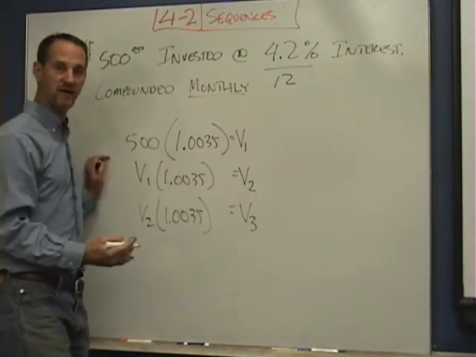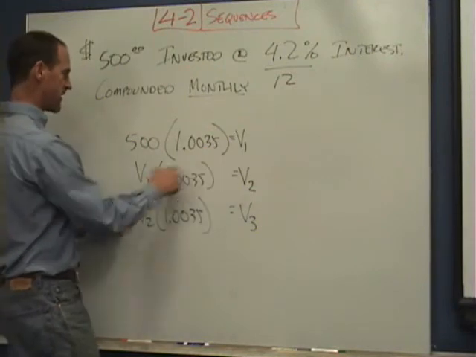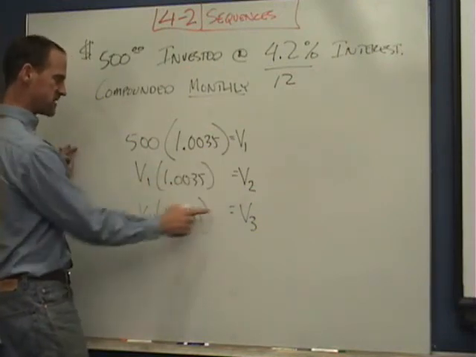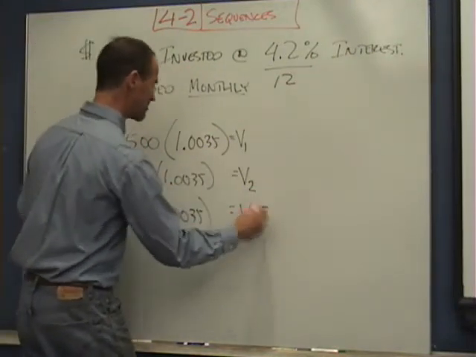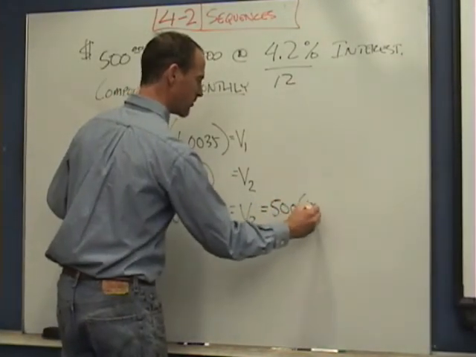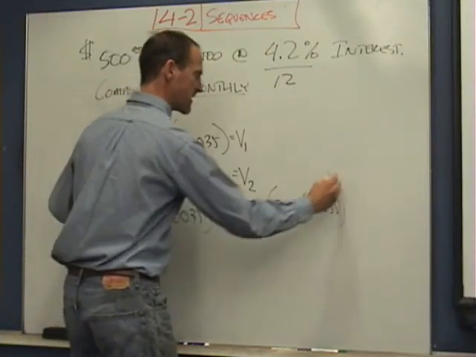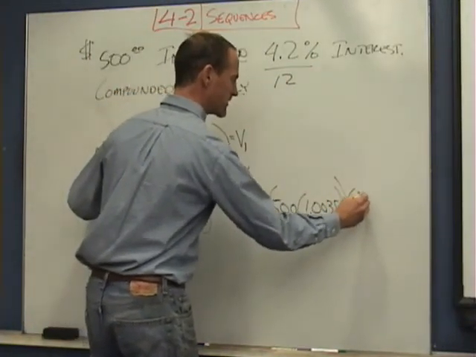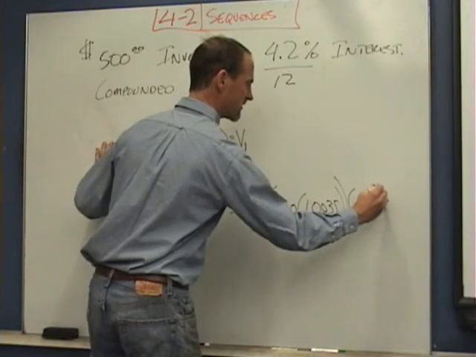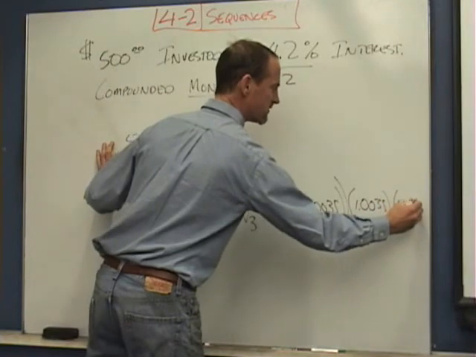Well, the pattern is just that we're multiplying each time by this decimal. If I sub back in, remember how we get to these? This is just going to be equal to my original $500 times 1.0035, and then this times 1.0035, and then that times 1.0035.